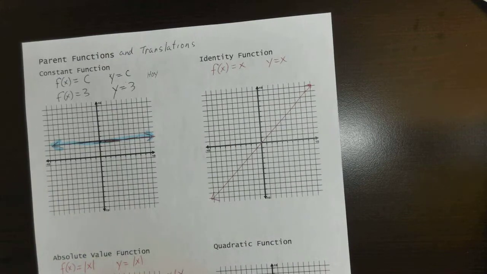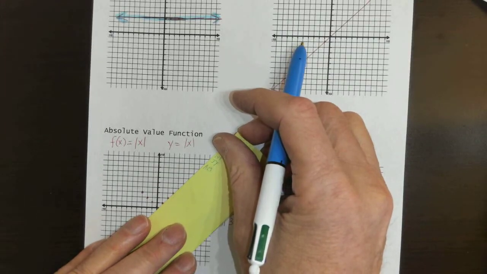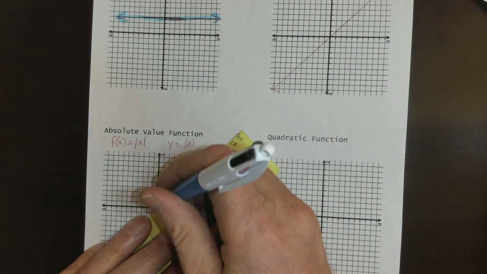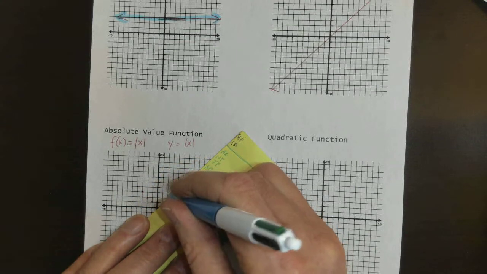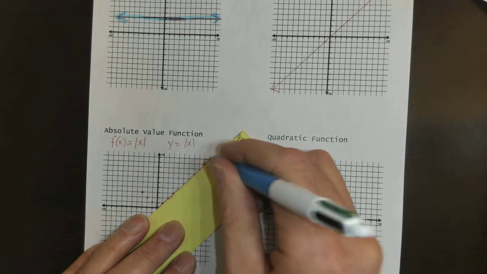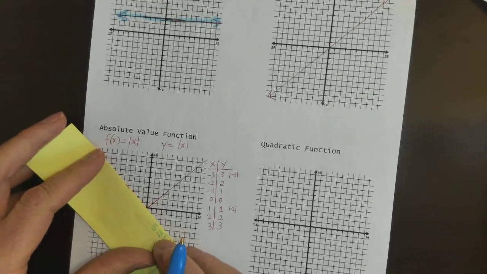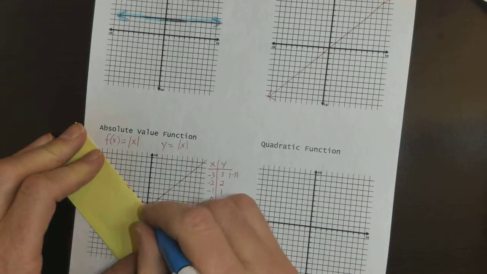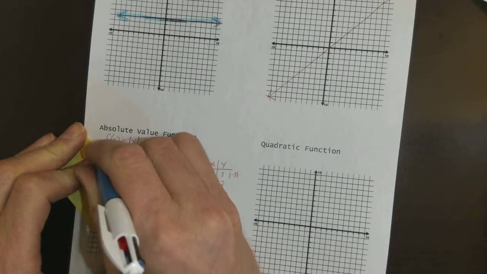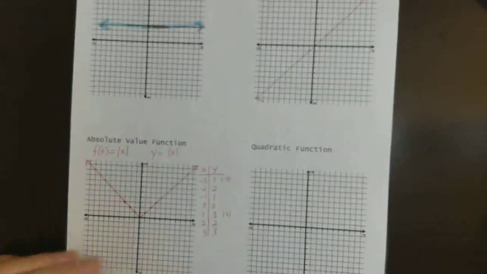It comes back up because the absolute values of negatives are positive, so it makes a V shape. Let's get that graphed really nicely here, because this will be a reference graph when we start doing our translations and transformations. It's good to always make a good parent function graph. Okay, so this is the absolute value, and it makes a V.